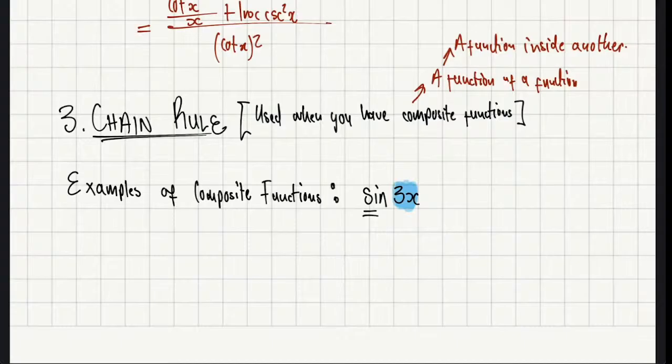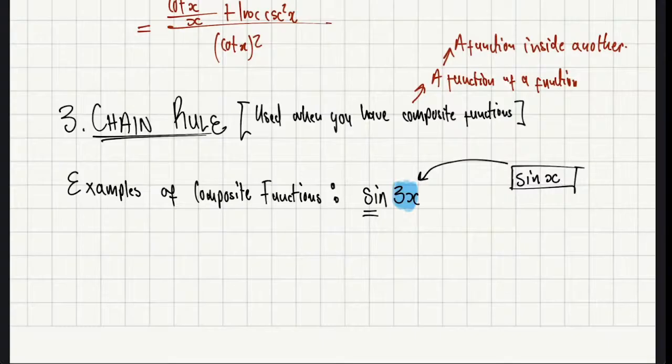Once you change the x on any function, beware of this big mistake. In the table that I gave you yesterday, I showed you that sine x is the trig function. This is not sine x. This is sine 3x.